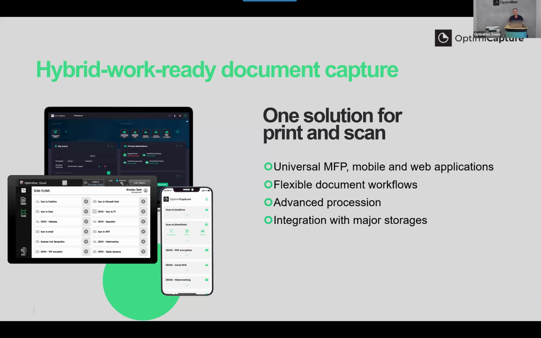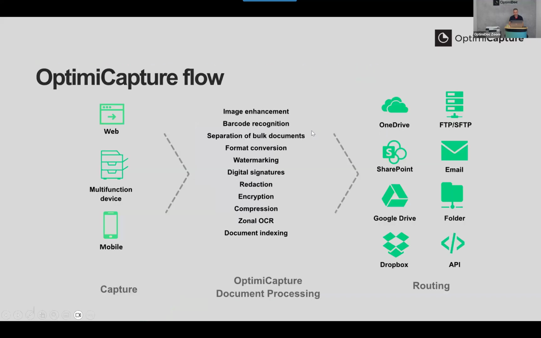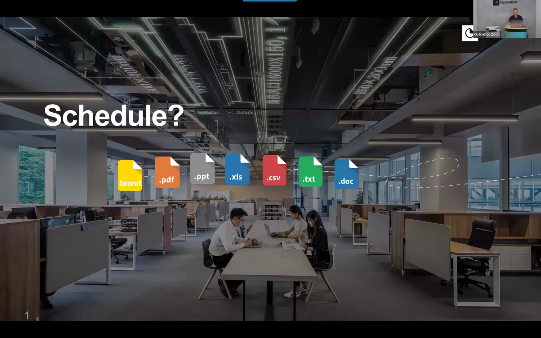So we can deliver a really complete solution for the customer, including the scanning and the printing part. So yeah, that's a great overview about the scanning. And yeah, I think that the most important question is the schedule when we are going to release the functionality.